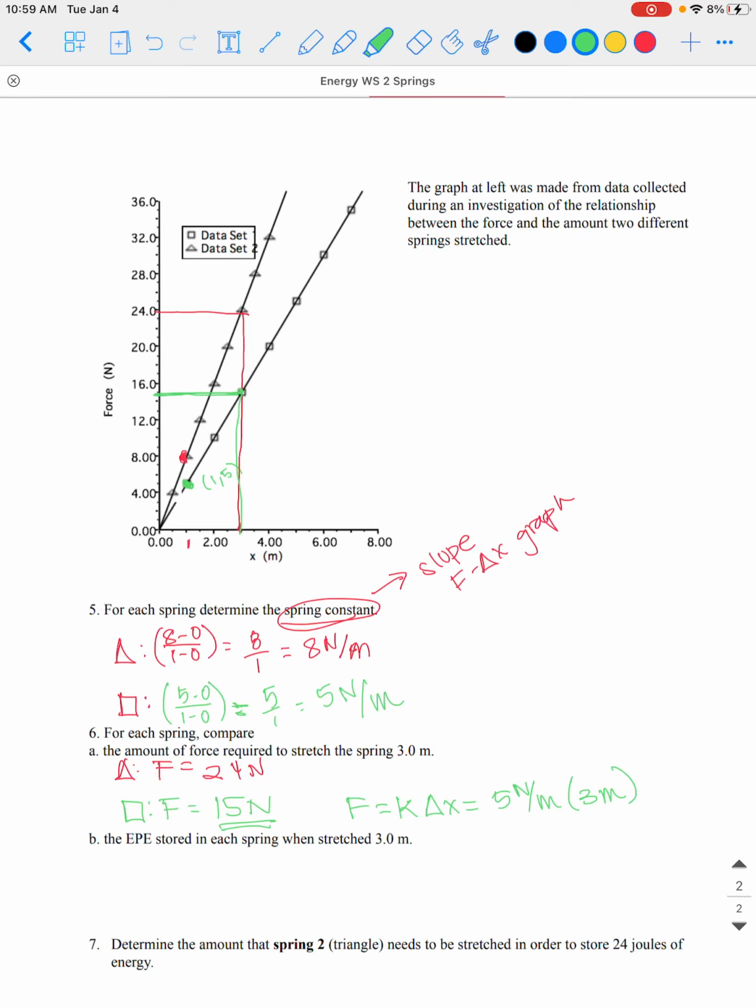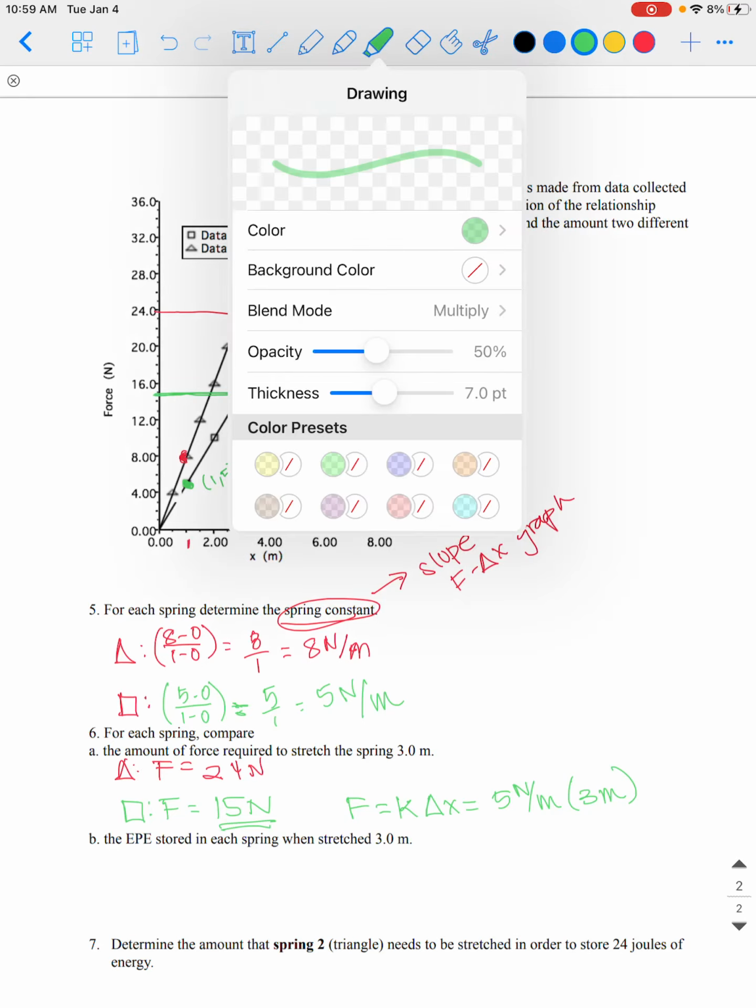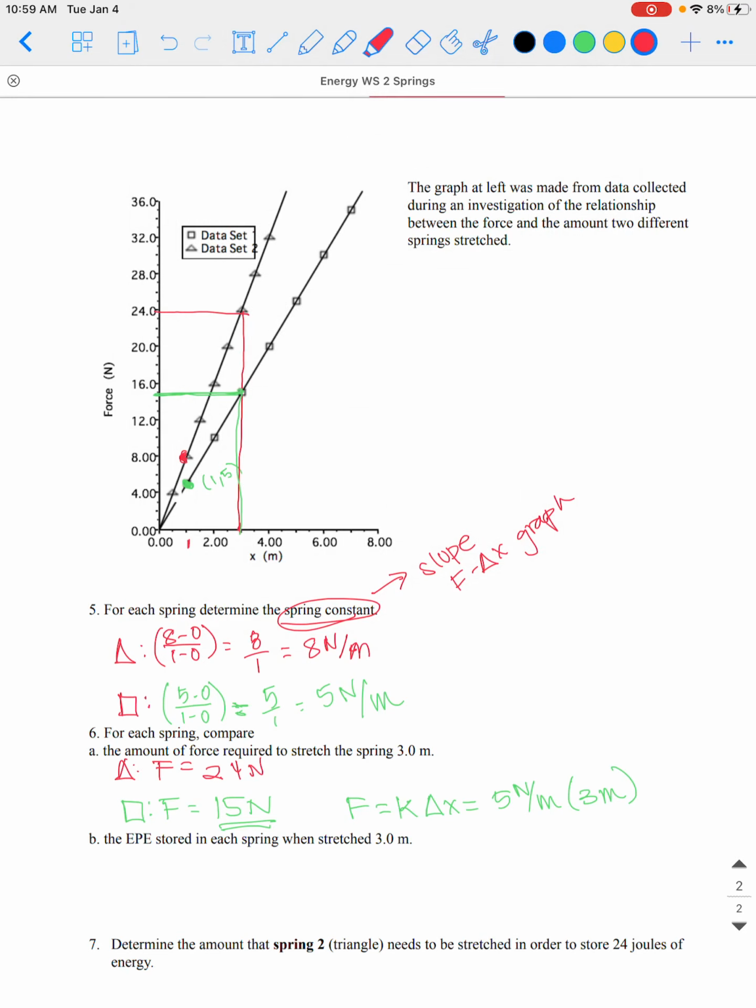Okay, so this next problem, we are solving for the elastic potential energy, and we learned that the elastic potential energy is the area under the curve. So I'm going to start with the triangle, and I'm going to highlight this area under the curve here.